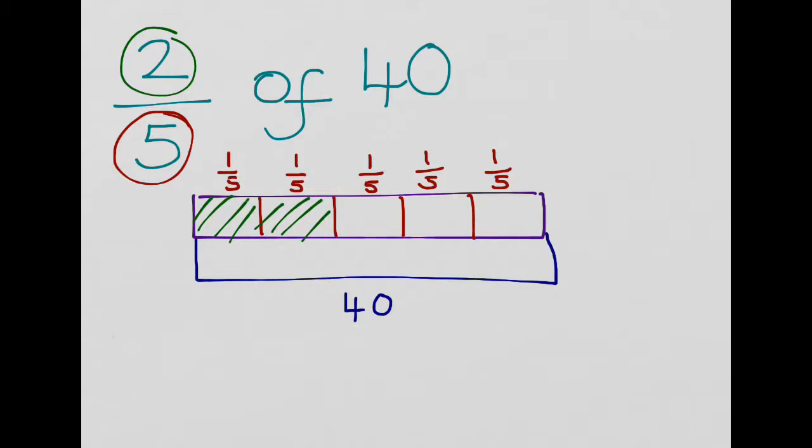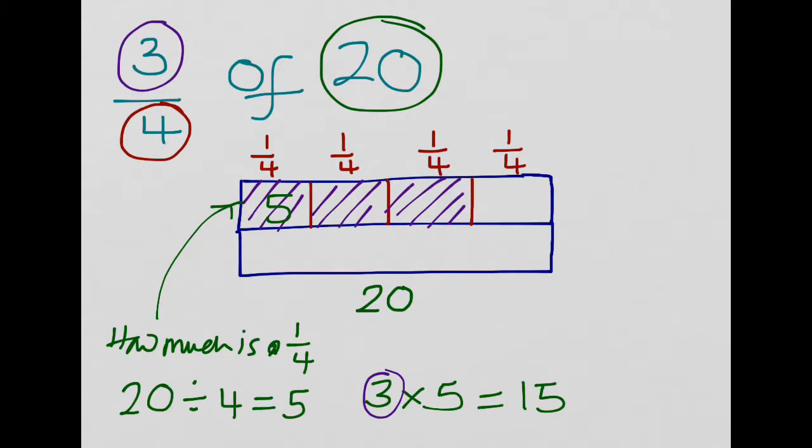Now I've got to think of the calculation. What's the first stage of the calculation? Press pause, write something down for that first stage. Off you go. Now, did you remember the first stage is that you need to find 1/5. You always start by finding 1/5. We've done that every time. So we started here.